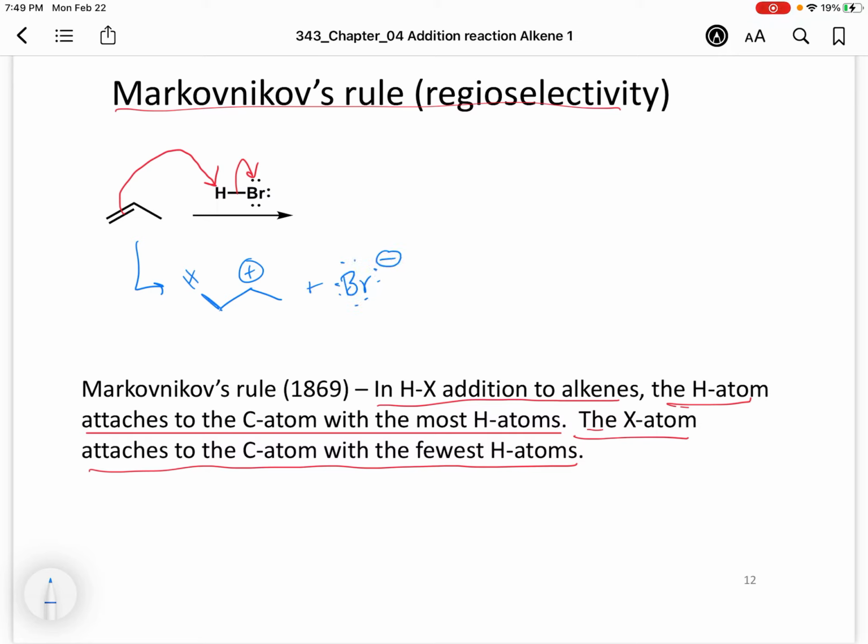Now, the next step of this reaction is actually more like a Lewis acid-base reaction. I'm going to write RXN for reaction for step 2. For step 1, this was more like a Bronsted acid-base reaction.